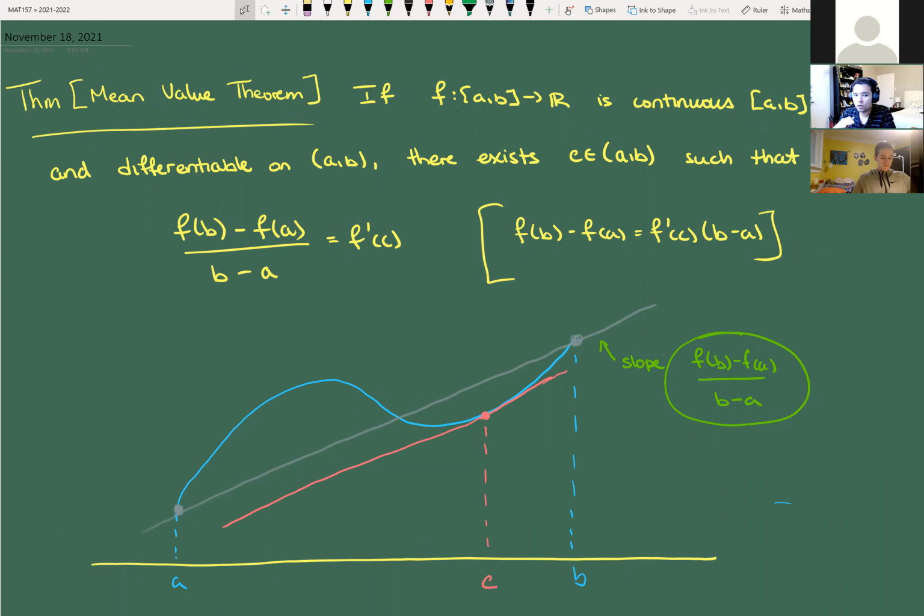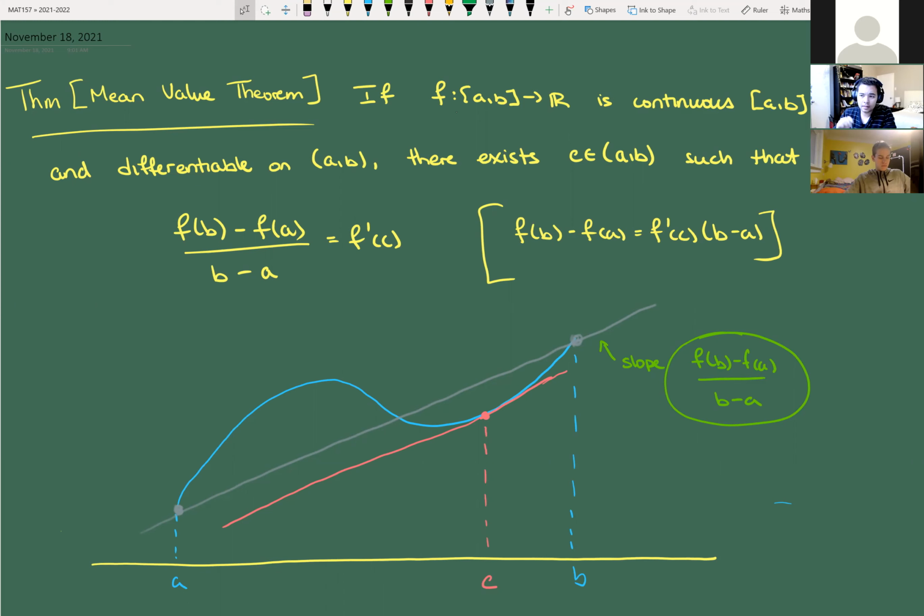But the whole value of this theorem is precisely that finding the value of C is generally impossible. It's so hard to do that it's not worth doing. And the whole value of this theorem is that you never have to. You're told that a value exists and you're done.